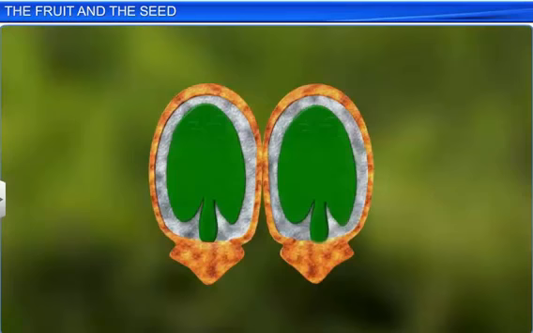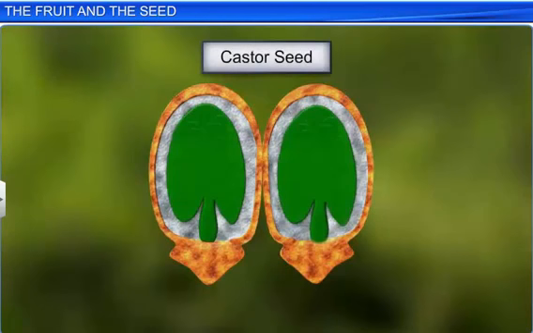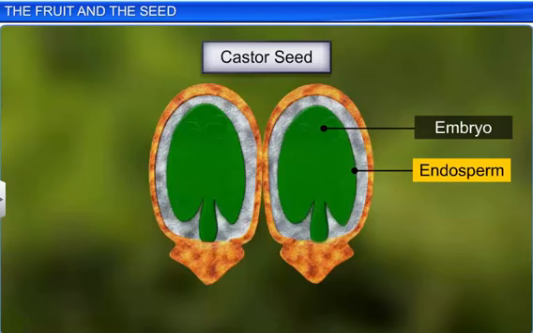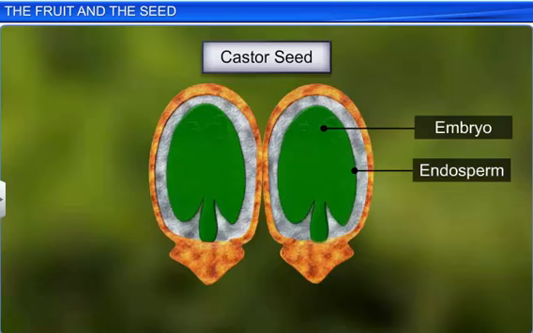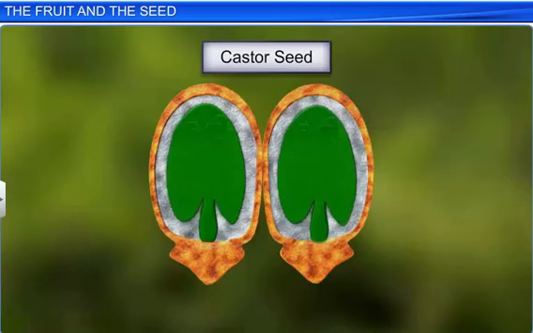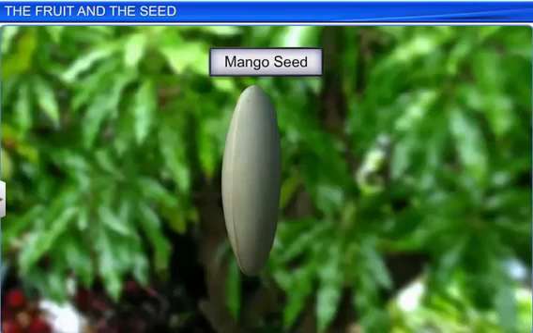In some seeds, such as castor, the developing embryo is surrounded by a nutritive tissue called the endosperm, which stores food and helps the embryo grow. Seeds with endosperm are called endospermic. Whereas in seeds like mango, the endosperm is absent, such seeds are called non-endospermic.